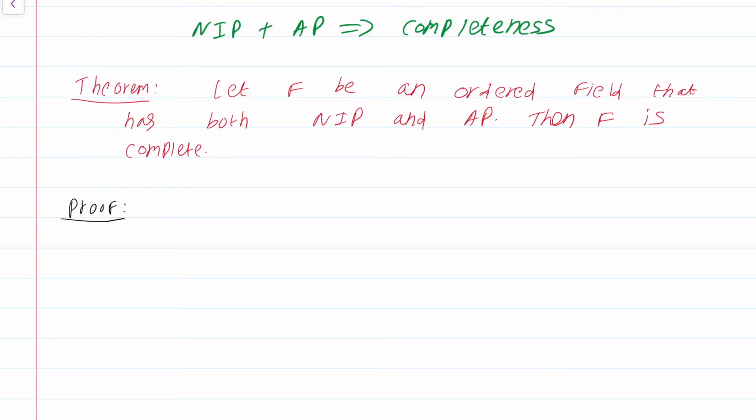What we are going to do is get better and better approximations of the required least upper bound for a set and show that the intersection of all these approximations is going to be the required least upper bound. That's the basic idea. So what we do is start with a set that is bounded above.